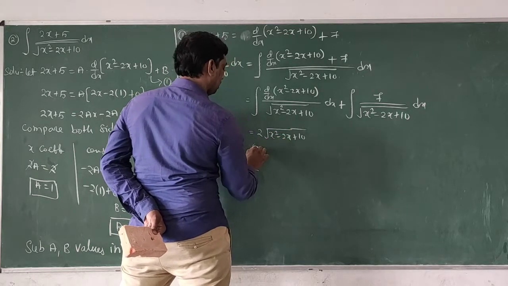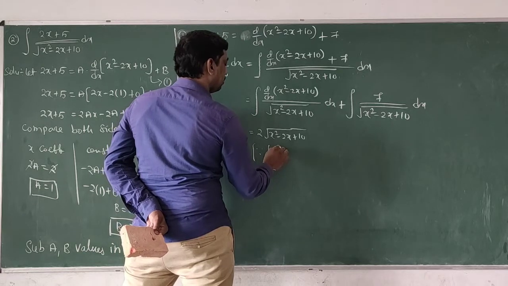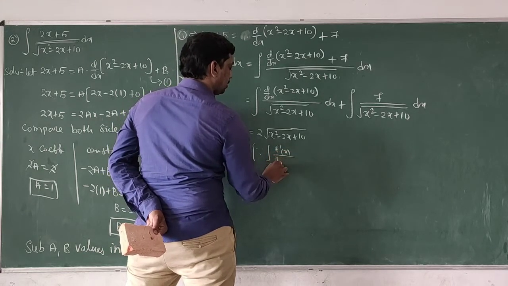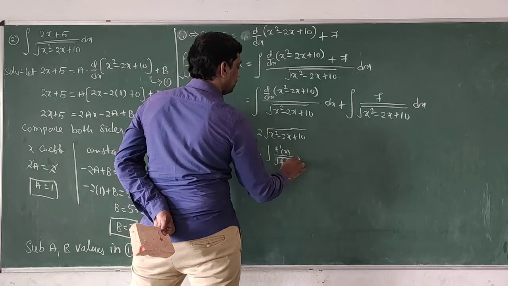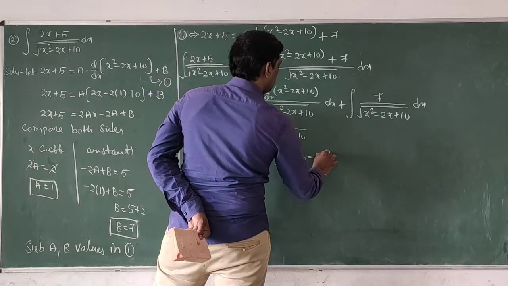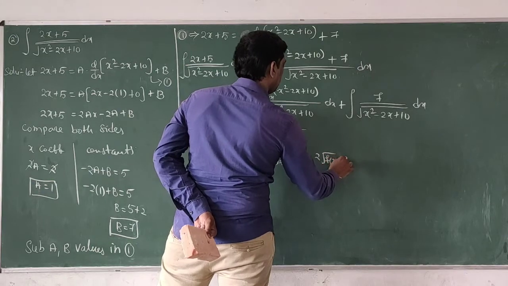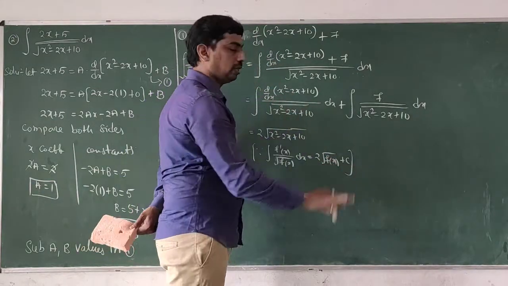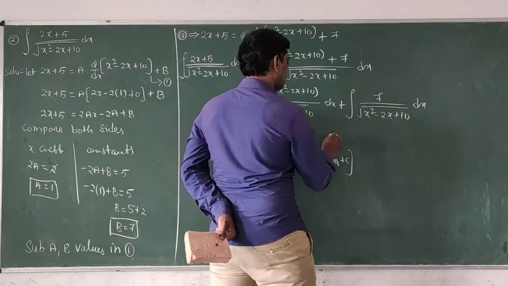Here we use the formula, which I am writing for understanding purposes only: integration of f dash x by root f of x dx equals 2 root f of x plus c. So the first integration is completed, first step. Now we go for the second.